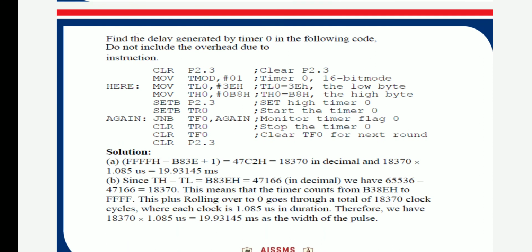Now let us study this second problem. In this example, we have to find the delay generated by timer 0. We are not considering the overhead due to the instructions.